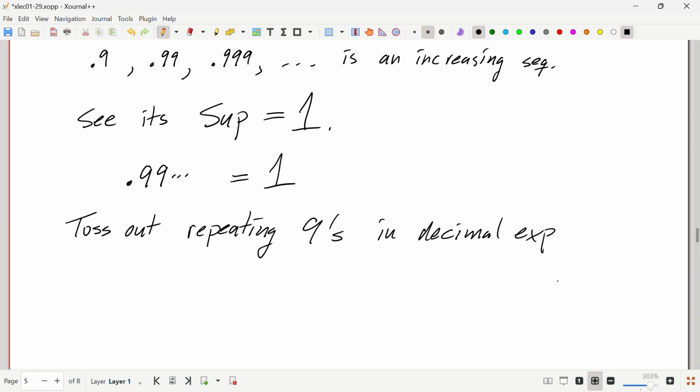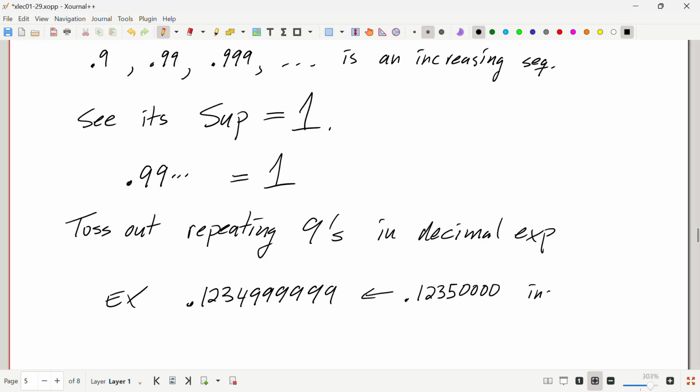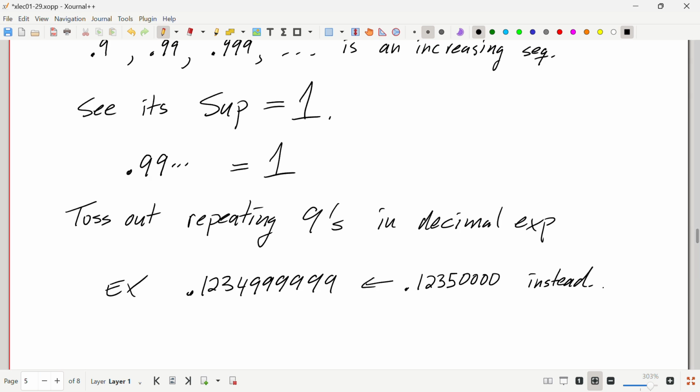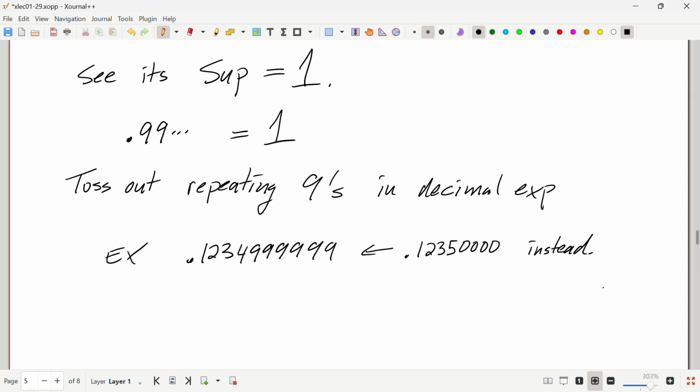An example of doing that would be 0.1234999999999. You would use 0.123500000 instead. Then the decimal expansion is unique.